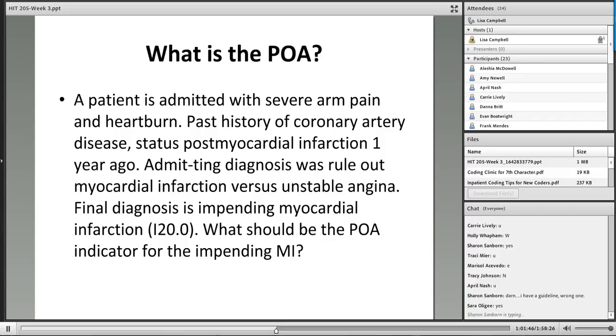If the final diagnosis contains an impending or threatened diagnosis, and this diagnosis is based on symptoms or clinical findings that were not present on admission, assign no. So what's the answer for this one?